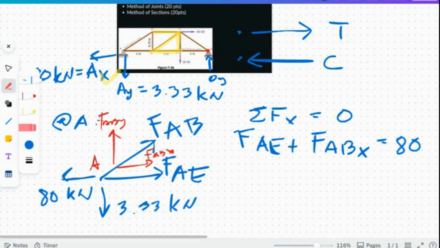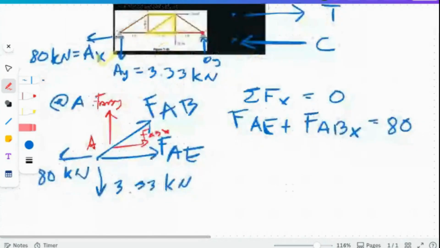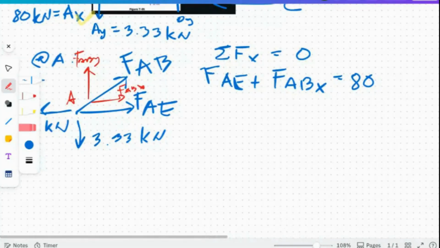Now, can we solve this already? Not yet, because for FABX, you need an FAB component force to solve it. So we need another equation. The other equation, we use summation of forces y.